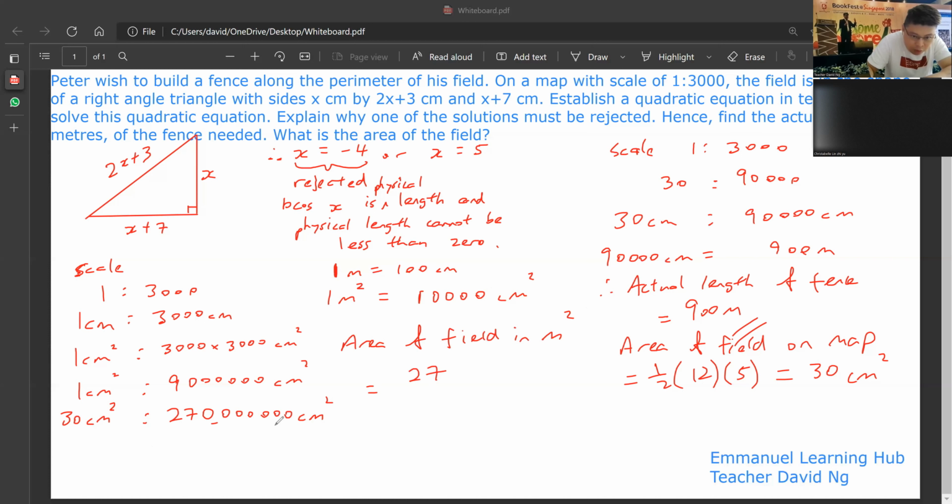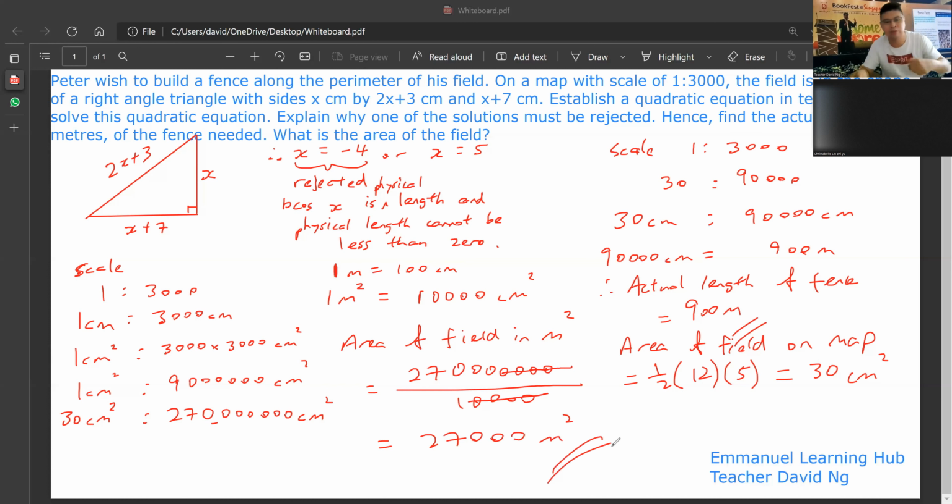Cancel my 4 0. 27,000 meter square. Okay? Understand? So that's the area of the field.